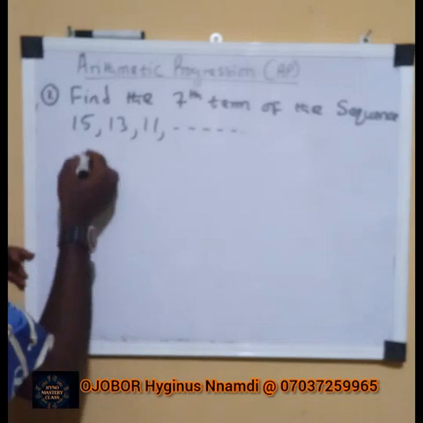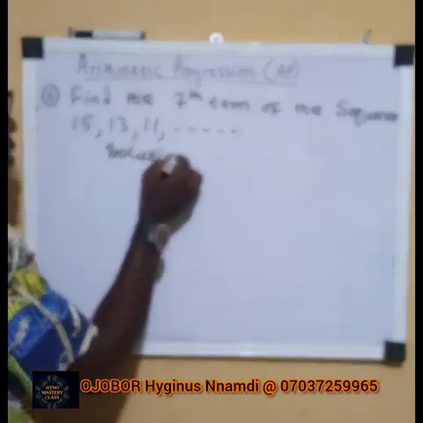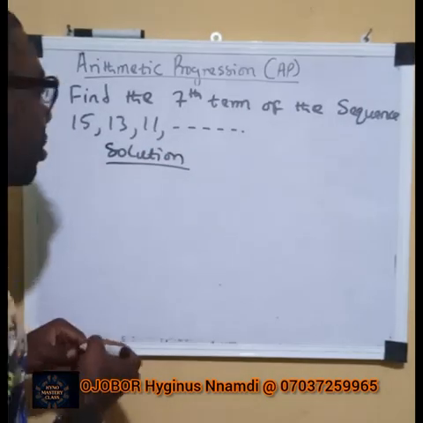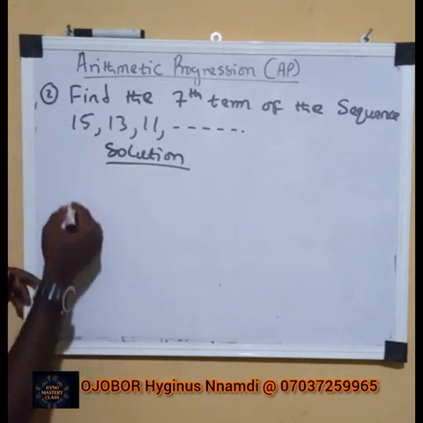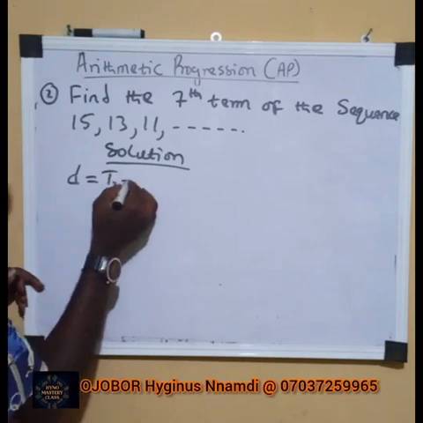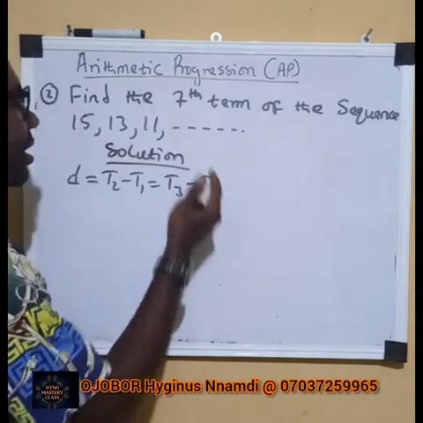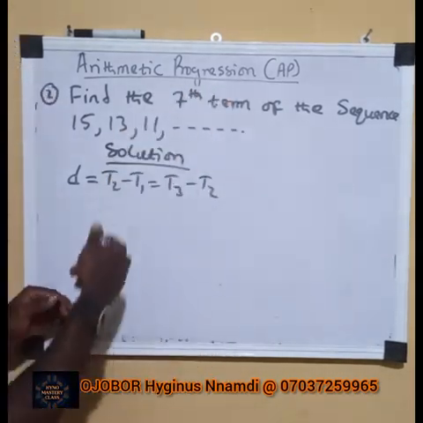How do you know that? First of all, get the common difference. Get the difference and know if it has a common difference. Once it has a common difference, it is an arithmetic progression. So let's check. d, I said, is T2 minus T1. It can also be said T3 minus T2. Just the next number minus the number preceding it.